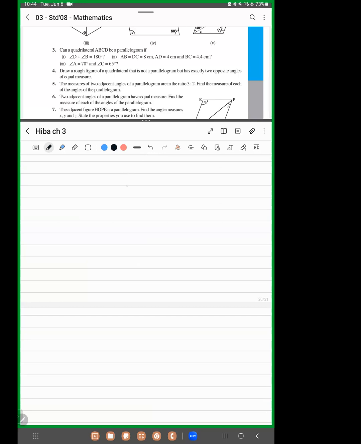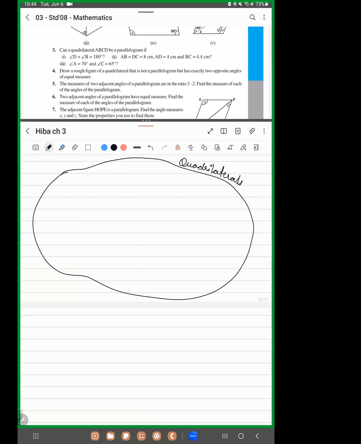Imagine this is a collection of all quadrilaterals. This is a bag. इस bag में सारे quadrilaterals भर दिए हैं. Now in this bag there is another bag. This imaginary bag. Okay, this is not real. It's imaginary. There's another bag in which there are parallelograms.